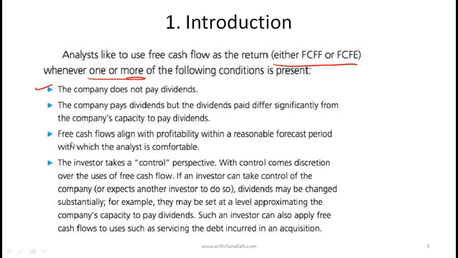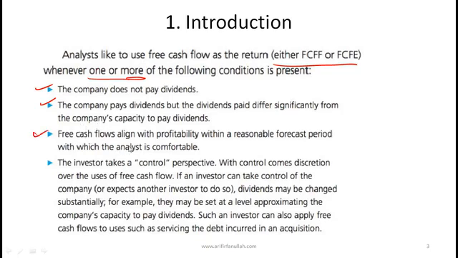If a company does not pay dividends, then obviously it's hard to use the dividend discount model. You use this. The company pays dividends, but the dividends paid differ significantly from the company's capacity to pay dividends. We saw this earlier with the Coke example. The amount of dividends they paid was much less than their capacity to pay, and hence the dividend discount model was not an appropriate model to use, but free cash flow would be.